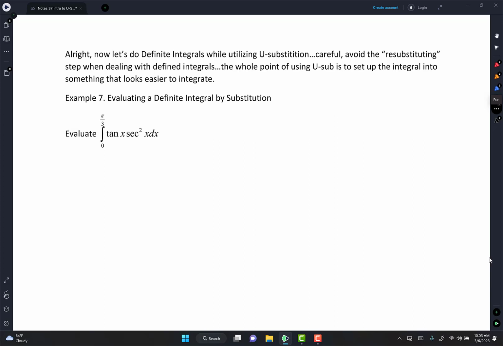So I see tan x and I see secant squared x, and immediately I start thinking about a relationship between tan and secant squared. Secant squared is the derivative of tan. So when I take the derivative of tan, you get secant squared, right? So that means u is going to have to be tan x.